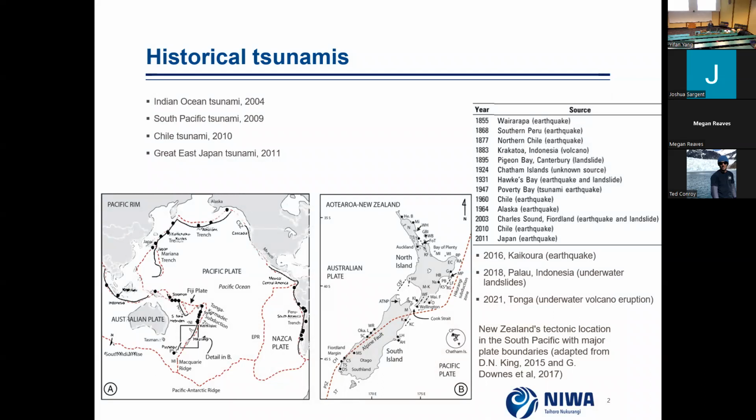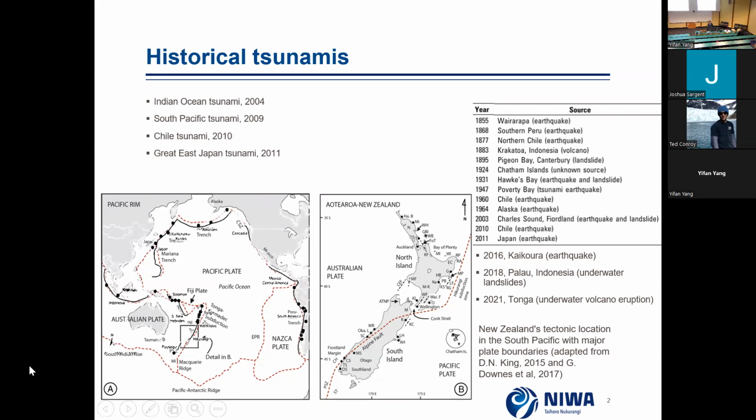So in New Zealand, we have a series of tsunamis from different sources, mainly earthquakes. So from this figure in the bottom left panel, we can see the infamous Ring of Fire, where most earthquakes and volcanoes occur along the plate boundaries.